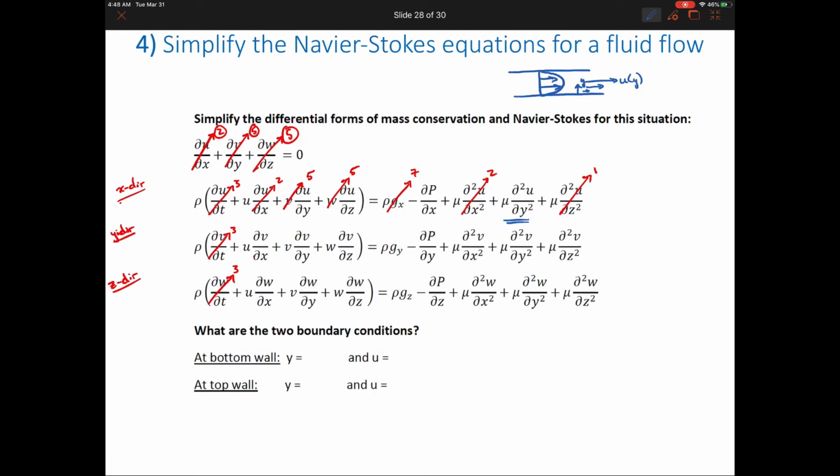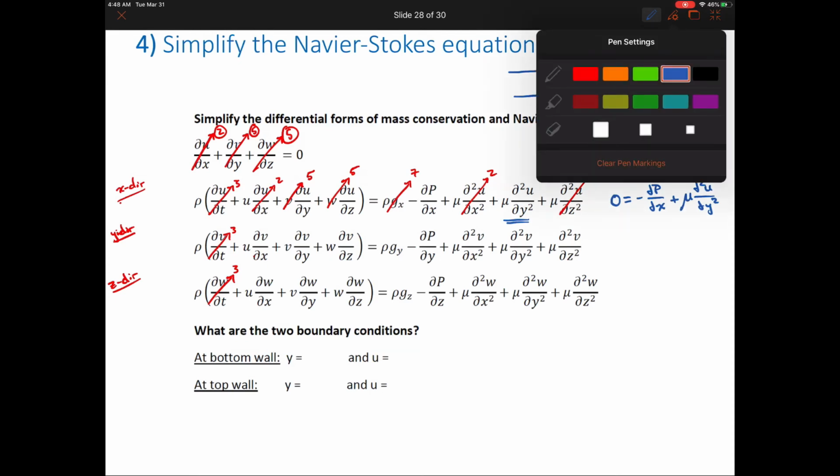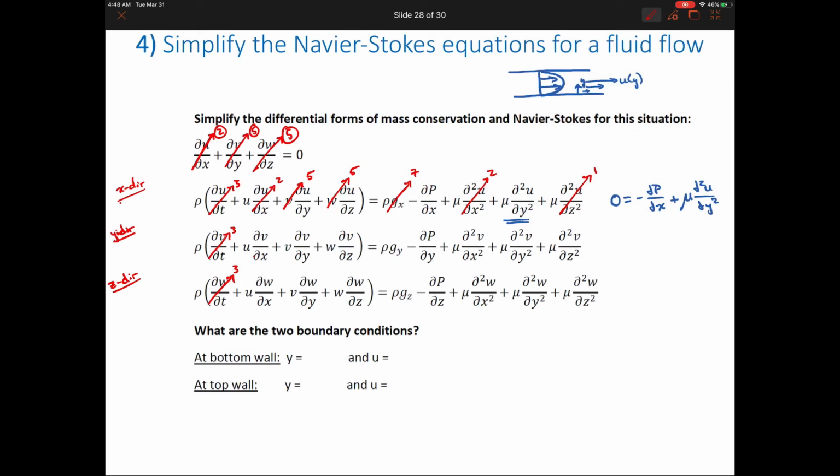So now in the x direction, we have a term that says 0 is equal to our pressure gradient plus our shear stress component of the second partial of du dy. So now on the y component, we can cancel dv dx because of 5, dv dy, similar statements.